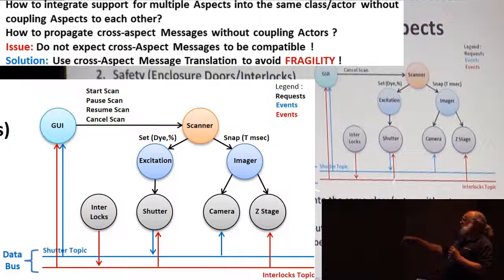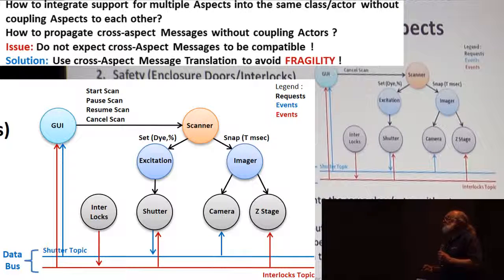So you got the data bus. But the question is, these three aspects, they are independent of each other. You don't want to couple stuff. And probably the guy who designed interlocks put out a message that the shutter does not understand. They're independently designed. You don't want to couple them. So how do you solve it?